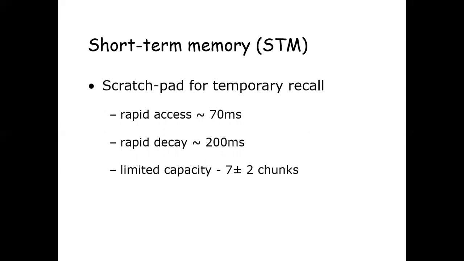These are all approximate timing access periods. So it is accessed rapidly in the order of 70 milliseconds, decays rapidly in the order of 200 milliseconds, and its limited capacity is plus or minus 2 chunks.